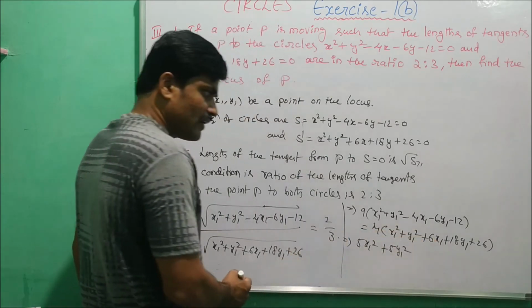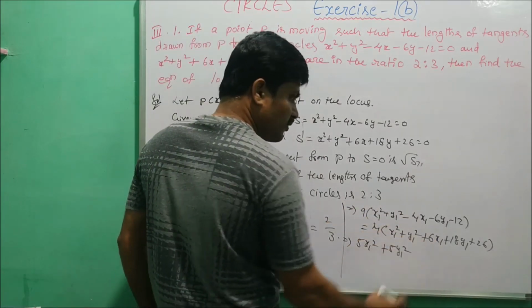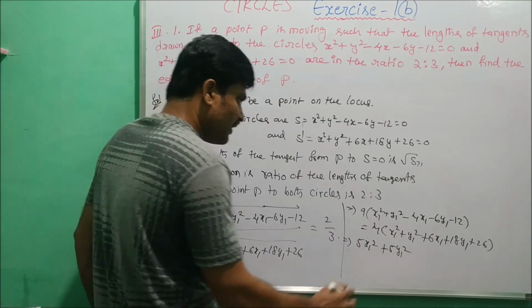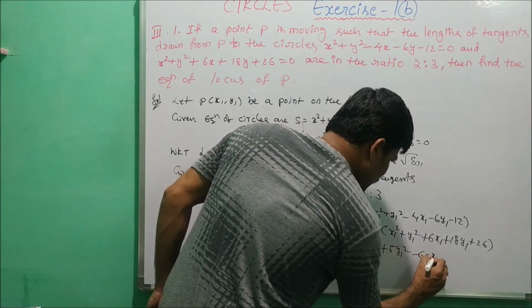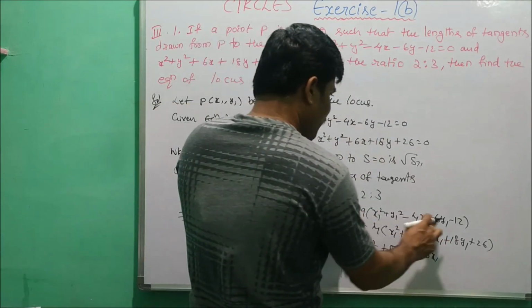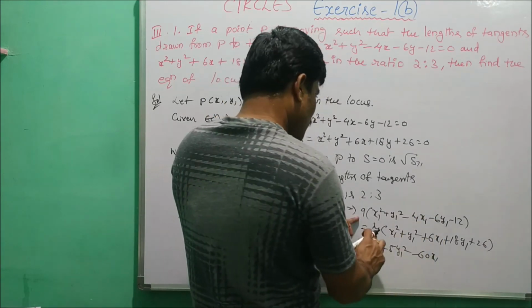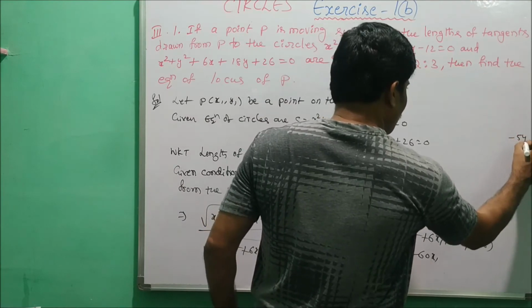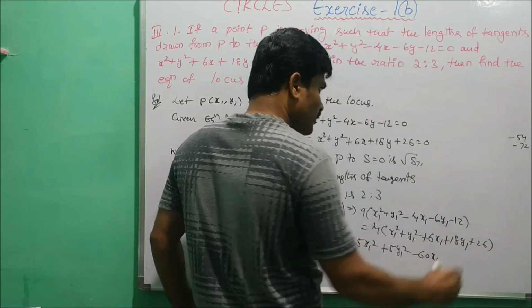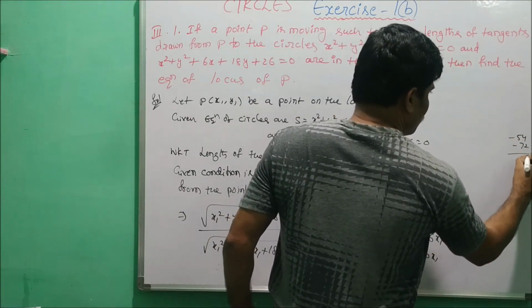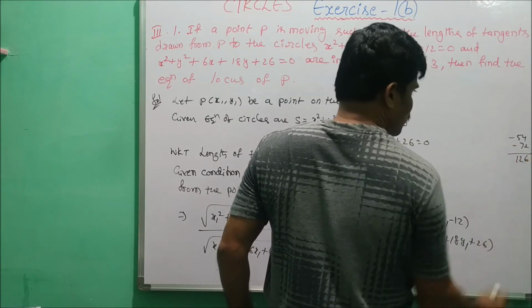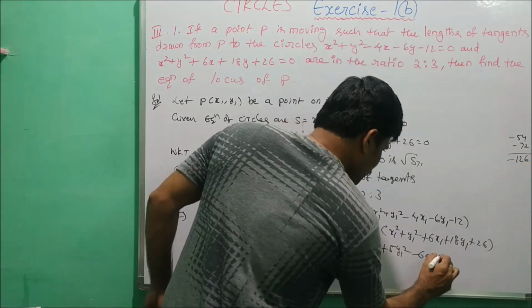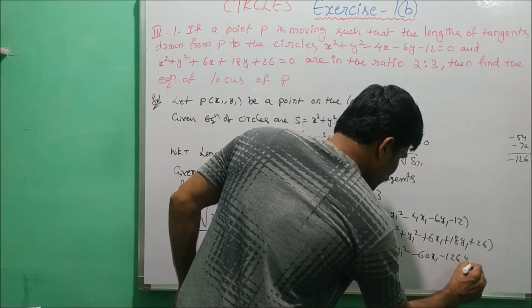So we take on the left side minus 36 minus 24, so that is minus 60x1. Then 9 into 6 is 54, 4 into 18 is 72, so minus 54 minus 72, that is minus 126. So minus 126y1.